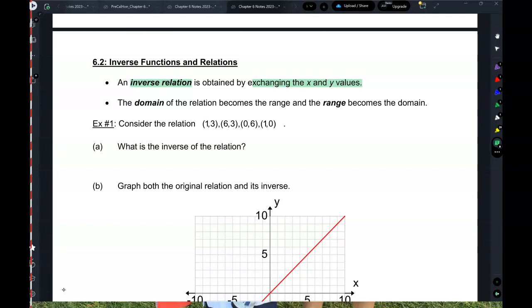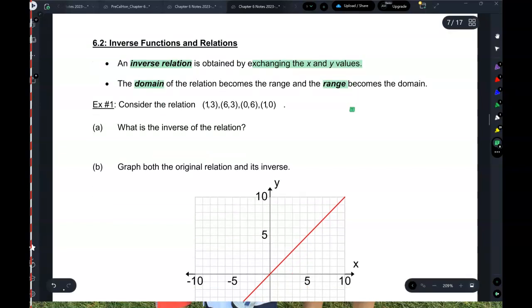For example, domain is everything having to do with the x's, and range is everything having to do with the y's. When we switch x and y, the domain and range also switch. So if you have a domain and range for a function, it becomes range and domain for the inverse.